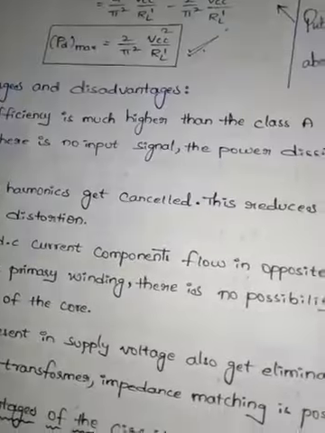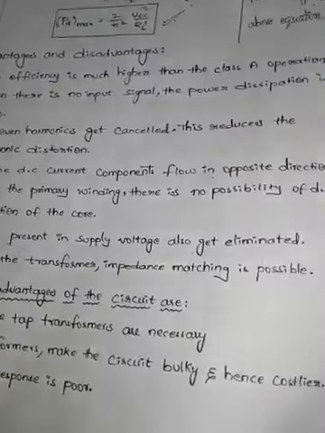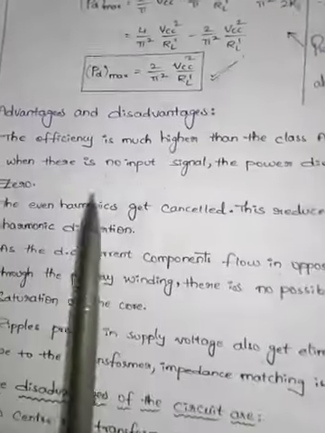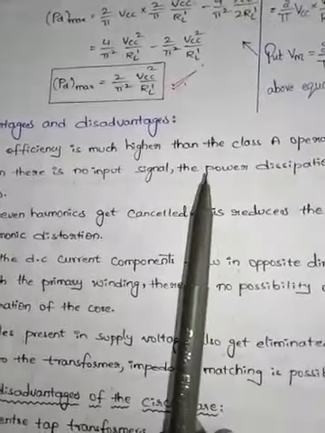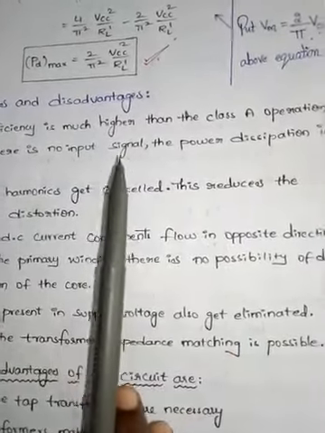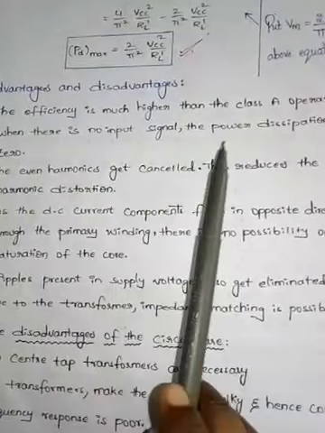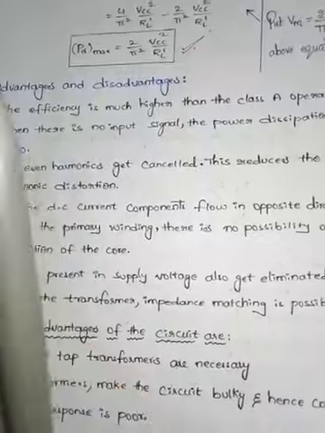Next, the advantages and disadvantages. The efficiency will be higher than the class A amplifier, which is why we are moving on to the push-pull class B amplifier. Another advantage is that the power dissipation will be 0.